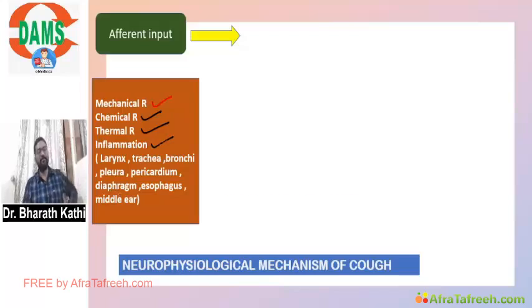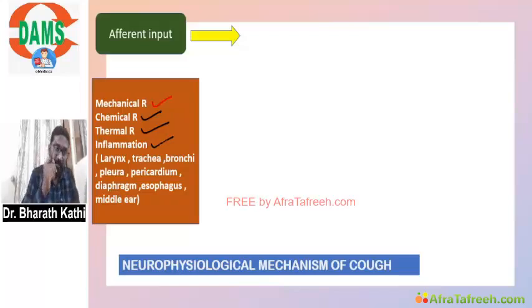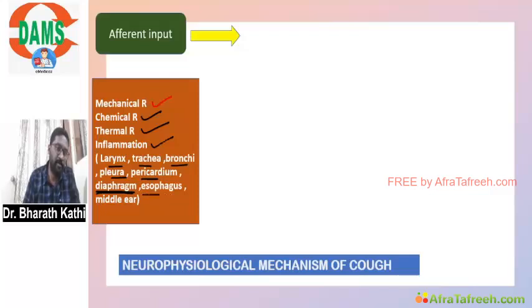Where are these receptors present? They can be present throughout your airway: in your larynx, trachea, bronchi, pleura, pericardium. The cough receptors are also a part of the diaphragm, so diaphragmatic irritation can also cause cough. Esophagus, and also cough receptors will be present in the middle ear.